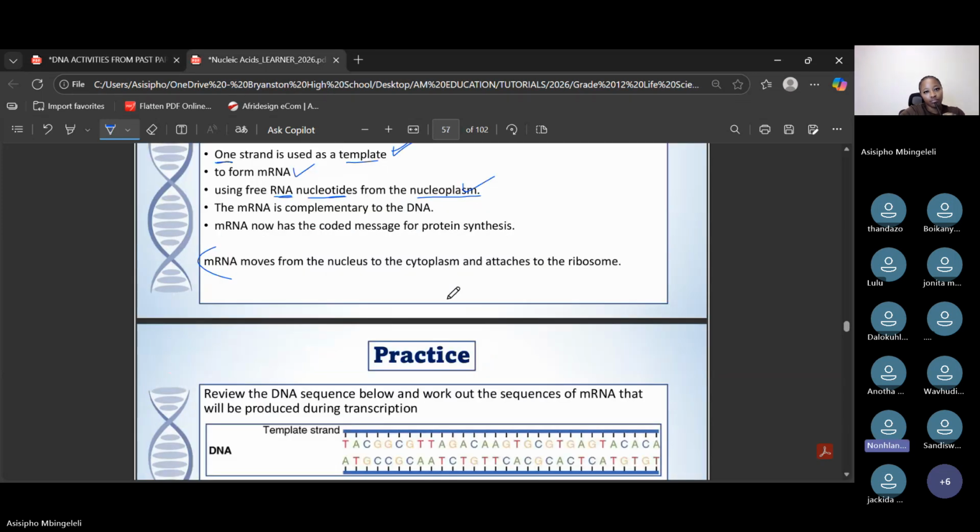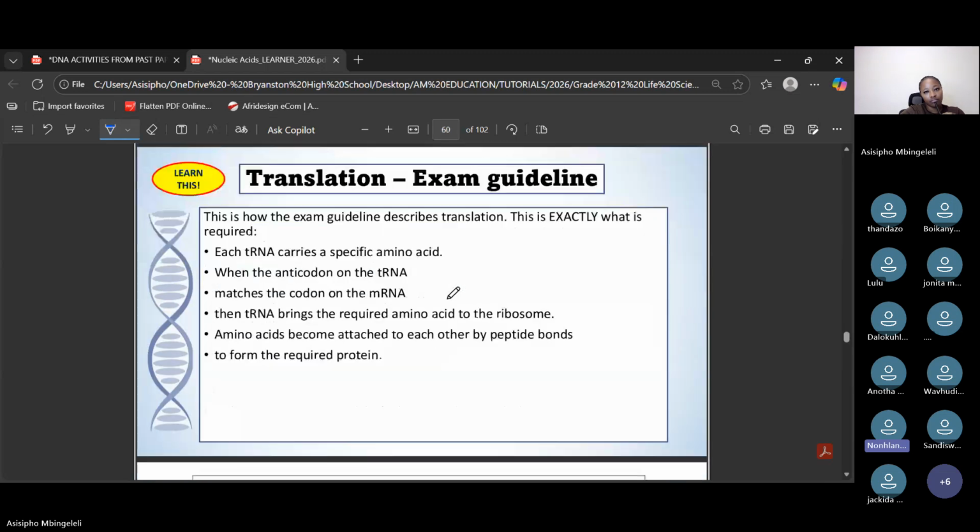Then the anticodon of the tRNA matches with the codons of mRNA, and I'm not sure if I'm saying it correctly. Another point: tRNA brings the required amino acid to the ribosome. Then the amino acids are attached by peptide bonds to form the required protein. 7 marks.